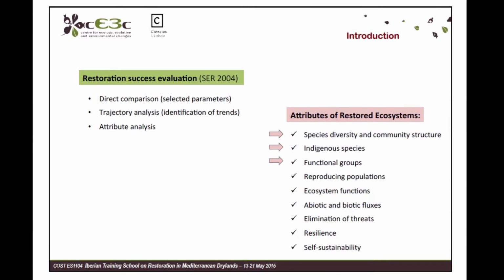They are related with species diversity, with the presence of autochthonous species, the presence of functional groups, the presence of reproducing populations, the ecosystem functions, the abiotic and biotic fluxes between the restored site and the nearby areas, the elimination of threats like invasive species, the resilience of the restored sites, and self-sustainability.